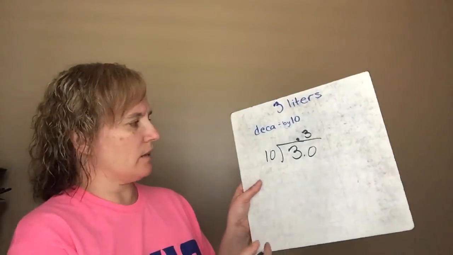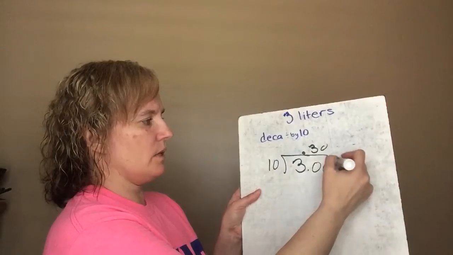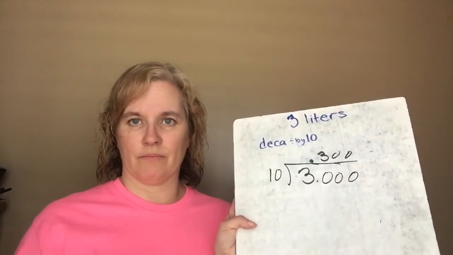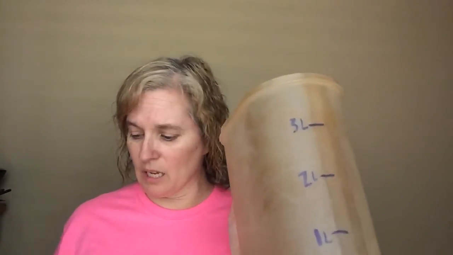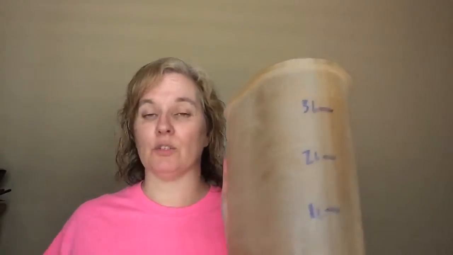And you can go on and on with that. If you were asking about hecto, it would just be this. If you were asking about kilo, it would be this. But honestly, when it comes to the metric liquid capacity, you're going to use liter and milliliter more than anything.